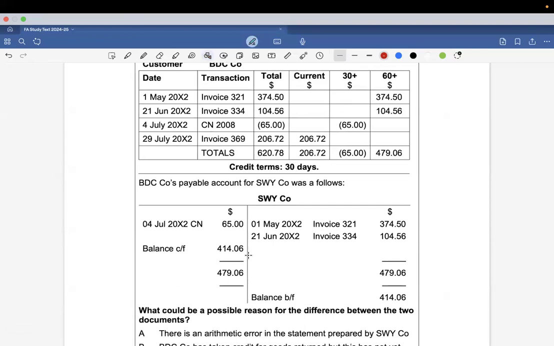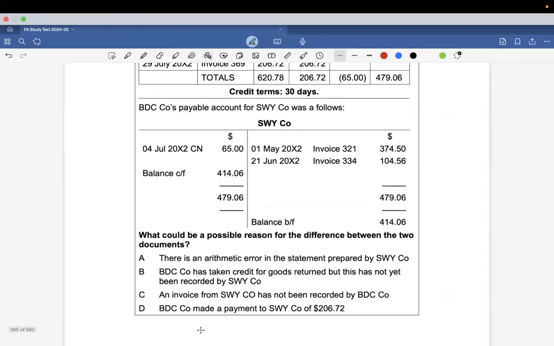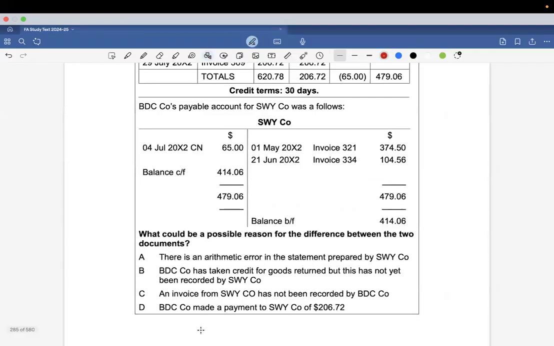So the requirement is, what is the possibility that these differences have arisen? There is an arithmetic error in the statement prepared by SWY company. That is their problem. They need to adjust it, right?